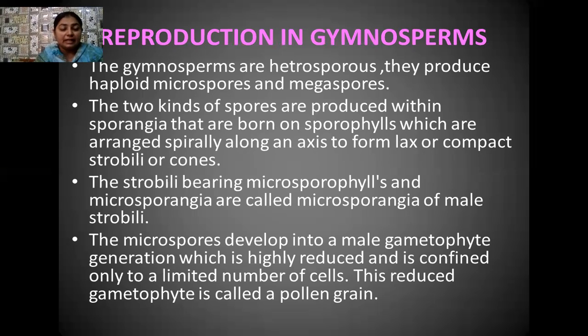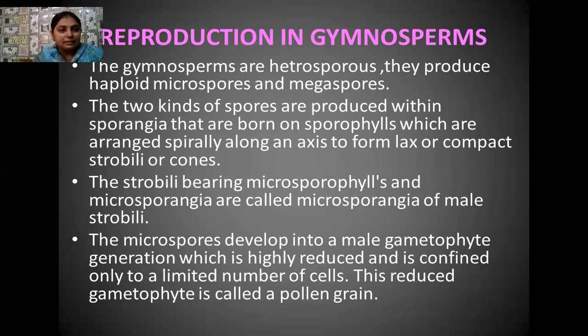Some leaves are smaller in size, they are known as the microsporophylls, and some leaves are larger in size, and they are known as the megasporophylls. So some branches contain smaller leaves called microsporophylls, and some branches contain larger leaves called megasporophylls.